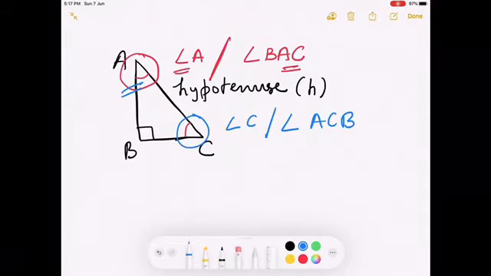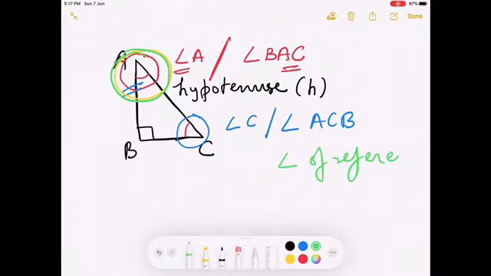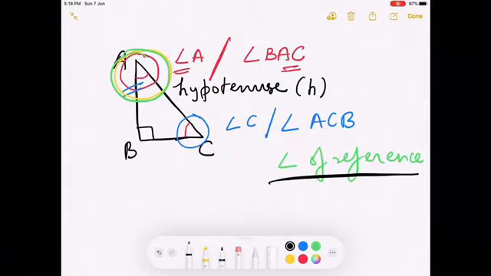Here in this triangle I have angle A and angle C. If I consider any one of these two angles, let us say angle A, then in a particular question, if I am considering angle A, then angle A will be known as the angle of reference, because in a right angle triangle, apart from the angle B which is 90 degrees, there will be two more angles, angle A and angle C. If I am solving with respect to angle A, then angle A is known as the angle of reference, and we have to remember this.